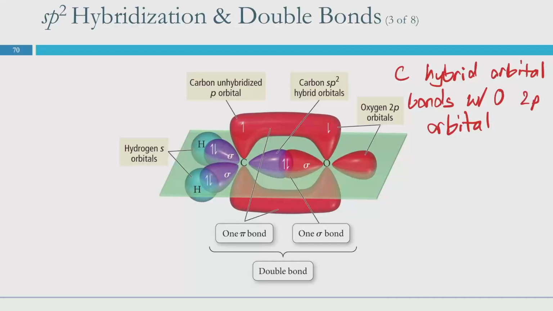And then we've got this hot mess of above and below. That's from our unhybridized p orbital from our carbon. It would be sticking straight up and down to minimize the overlap with our hybrid orbitals. And then oxygen is also going to have a p orbital in that direction, because it's got 3 p orbitals.